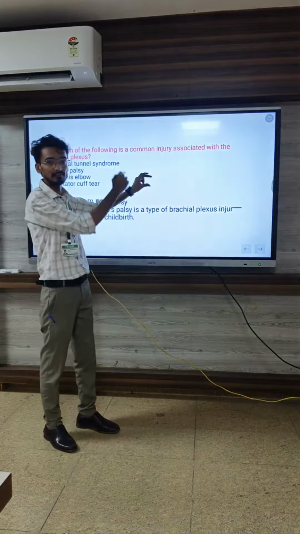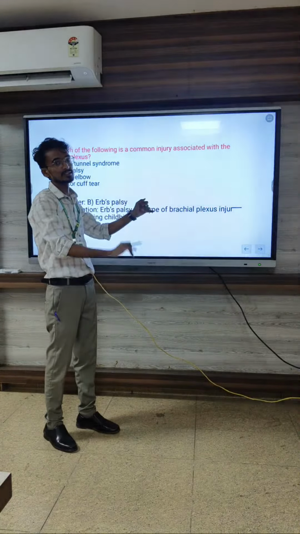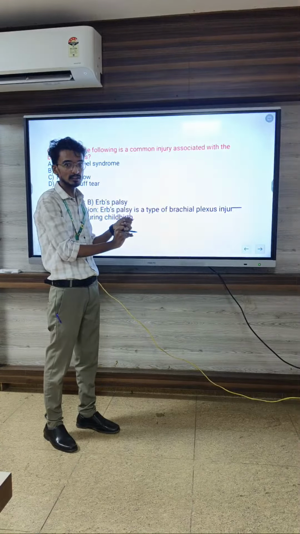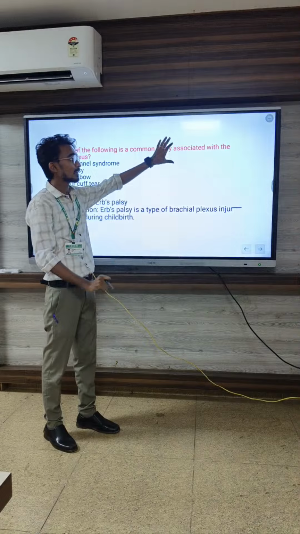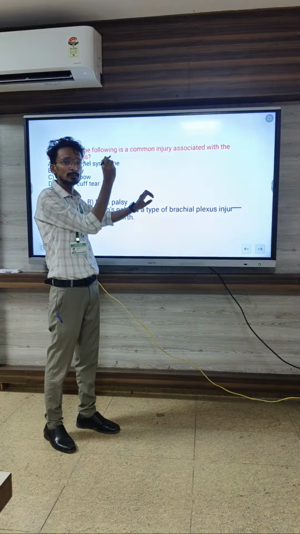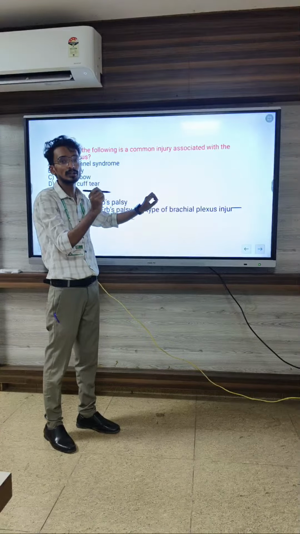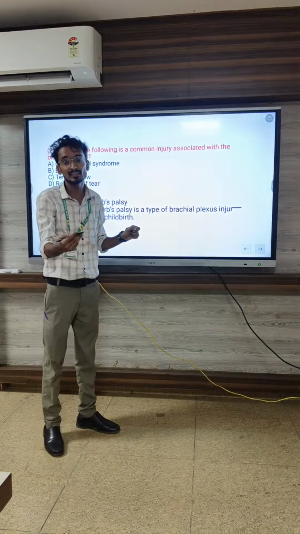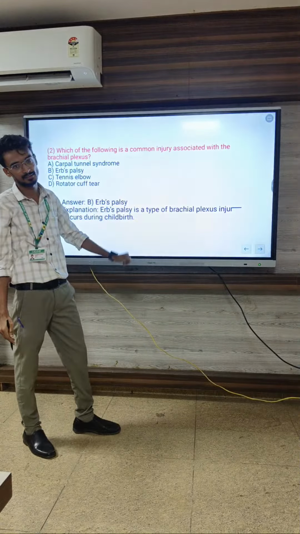In the upper trunk, we have two nerves, the suprascapular nerve and the nerve to subclavius. This is a common point where all the nerves are forming. This point is called Erb's point. When there is an injury to Erb's point, it can result in Erb's palsy.